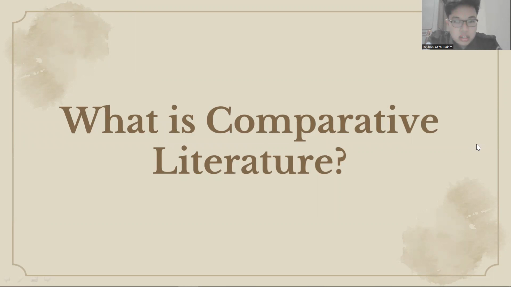There are three notions of comparative literature. Rene Wellek and Austin Warren in 1993 also divided comparative literature into three terms.